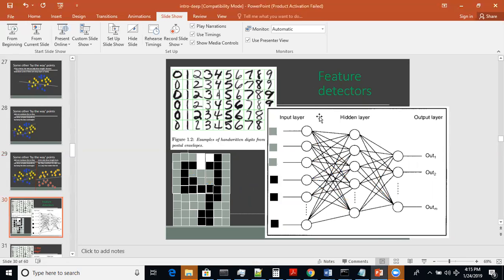We'll be seeing the example of how it detects features. Let's say these are handwritten digits. The difference is that people's handwriting can be in any shape.